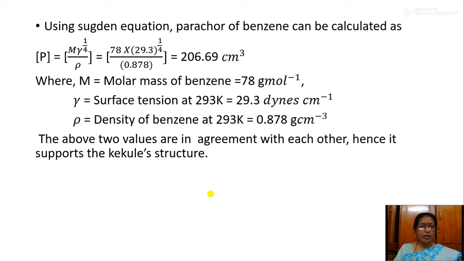By substituting all these values in the above Sugden equation, we get the total value or parachor value is equal to 206.69 per centimeter cube. Now, from these above two values, these are all in agreement with each other. That is, first one, what are the values we have got?